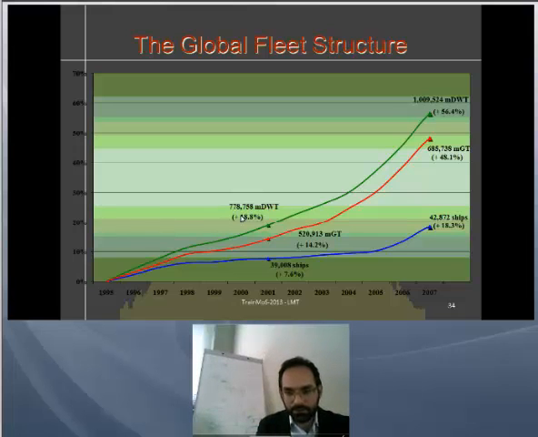You can see that the deadweight is much higher than the number of ships, and it is actually increasing substantially from 2004 and after, where companies are going for bigger ships and looking for economies of scale of transport modes.